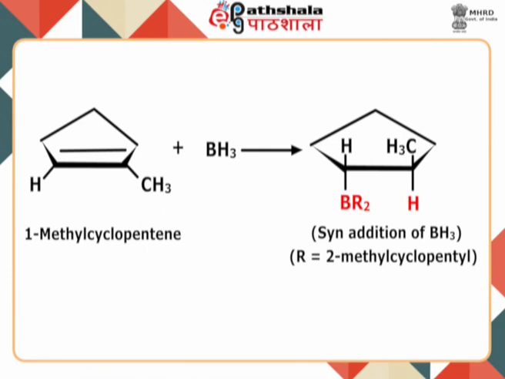So, in this example of 1-methyl cyclopentene, you can see as the BH3 adds, with 2 more 1-methyl cyclopentyl groups, you have the BH2 adding and H adding, and notice that the BH2 and H are on the same side.